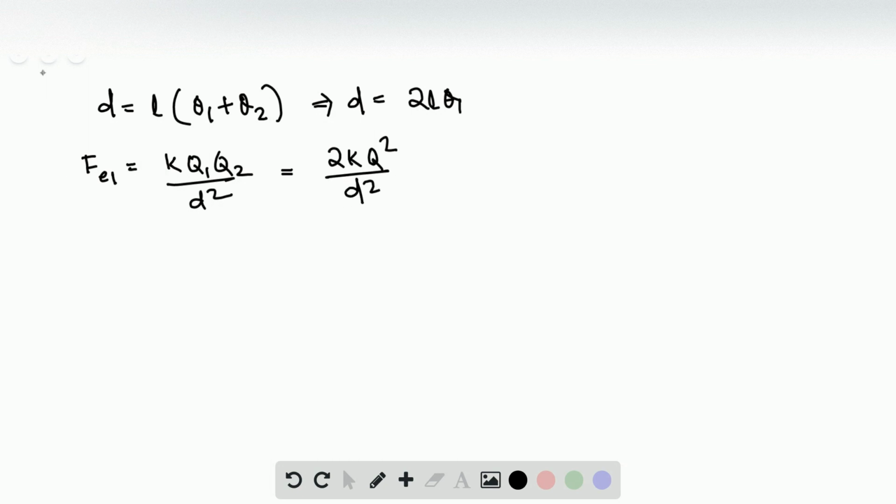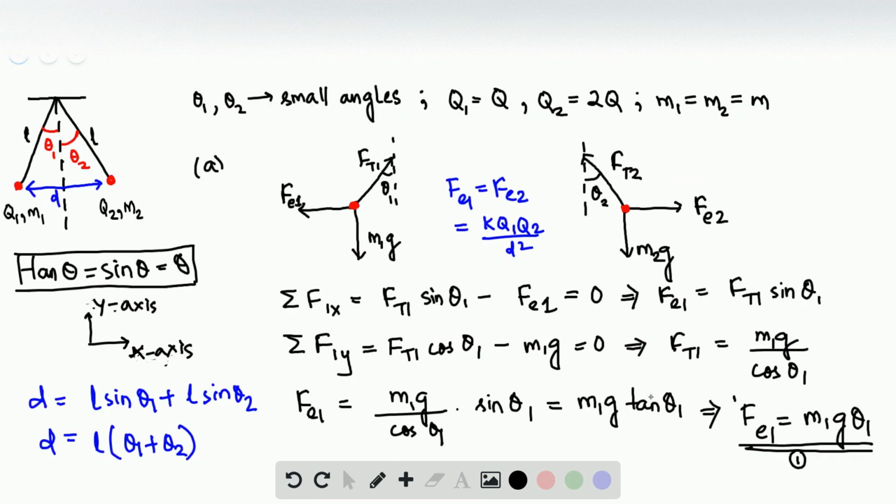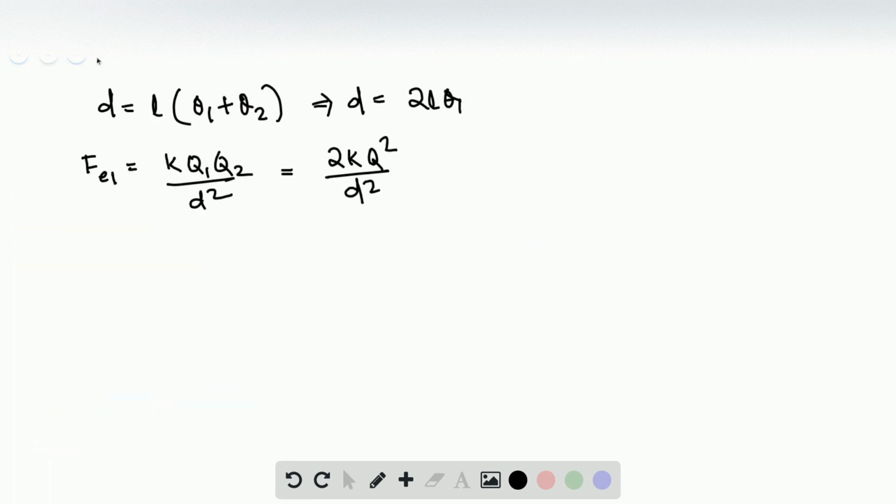But we have one more equation to use over here, equation 1, where Fe1 we found as m1 times g times theta 1. So this is equal to m1 times g times theta 1. And this gives me 2kQ square over m1g theta 1 equals d square.